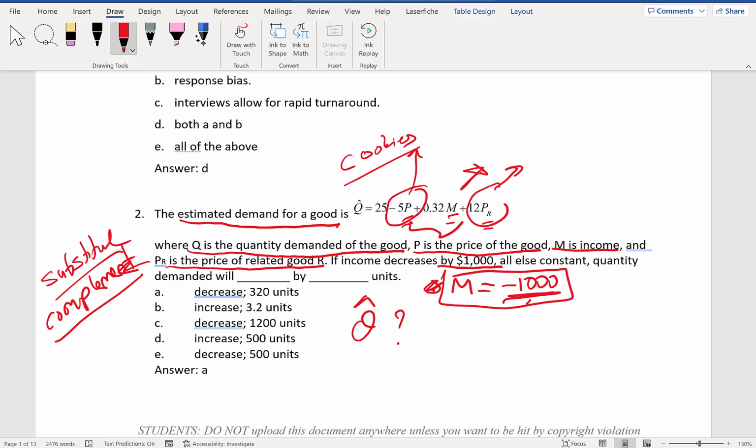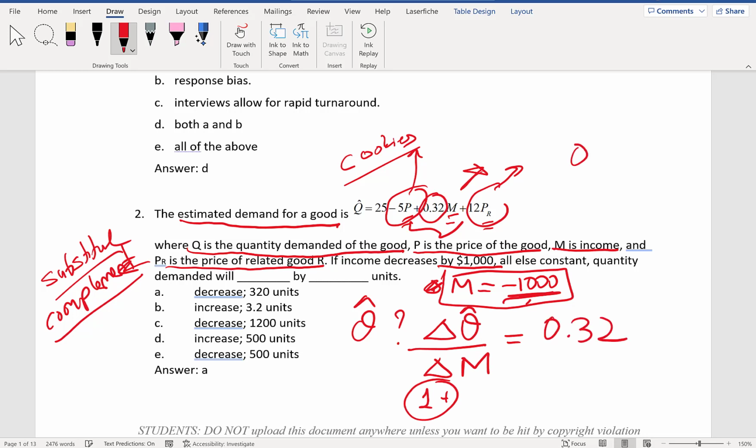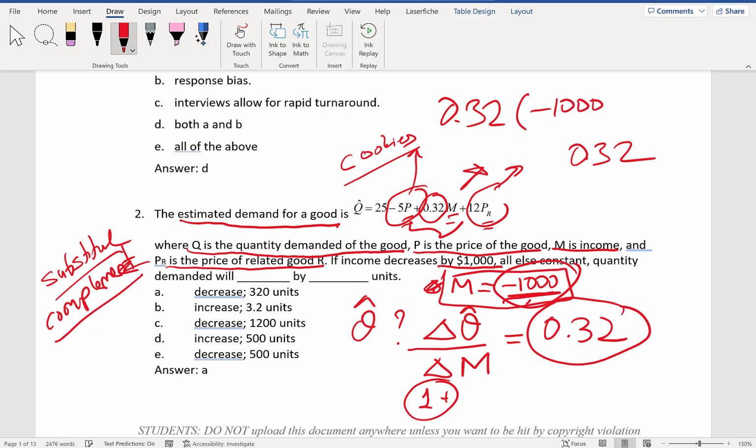Looking only at the impact of income, change in quantity divided by a 1 unit change in income is 0.32, that's the coefficient estimate. Alternatively, plug in negative 1,000 here: 0.32 times negative 1,000 is negative 320 units.